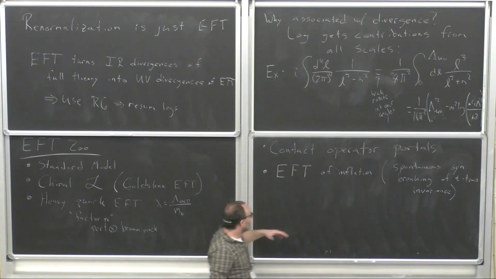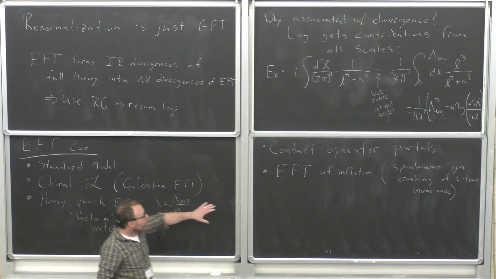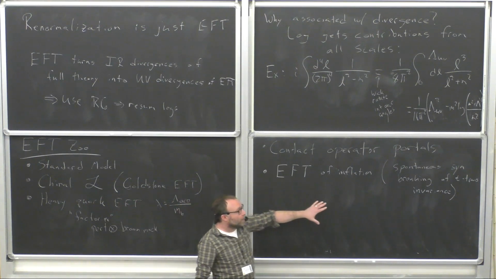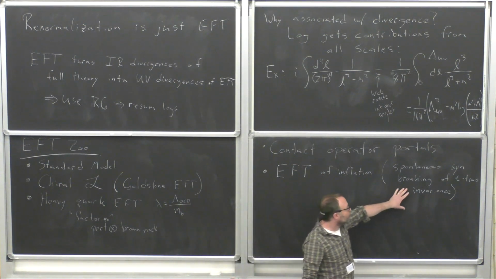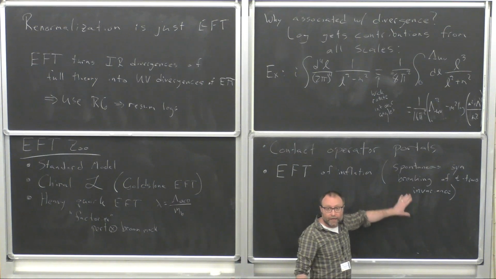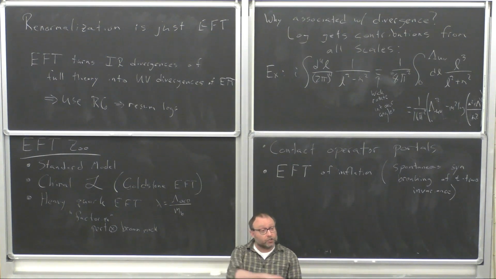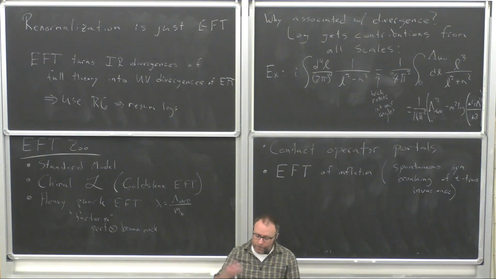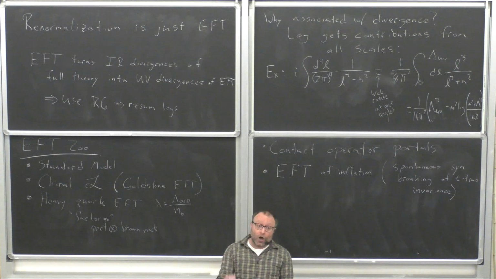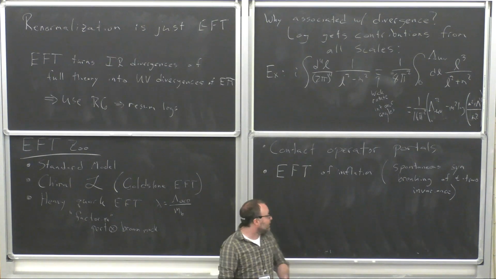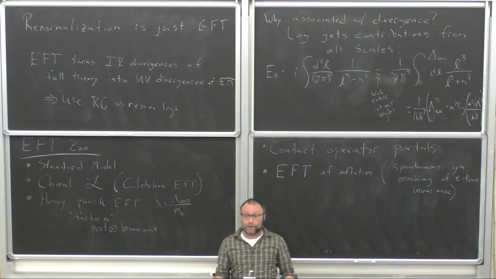And you can use, essentially, out of the box, all the tools of the CCWZ construction to write down an EFT. You can think of the inflaton as the Goldstone boson associated with the breaking of time translation, okay? And this is an incredibly powerful tool. It covers a huge range of models of inflation, and it tells you, as with all good EFT, that if you know what the degrees of freedom are and the symmetries, in this case the symmetry breaking pattern, okay, then you can write down a universal description.